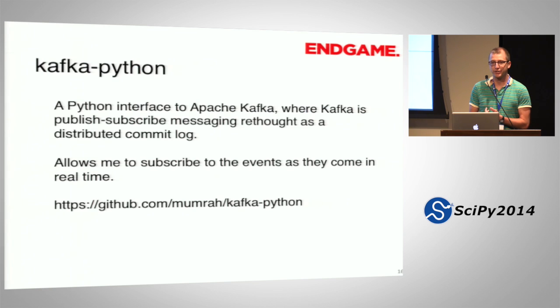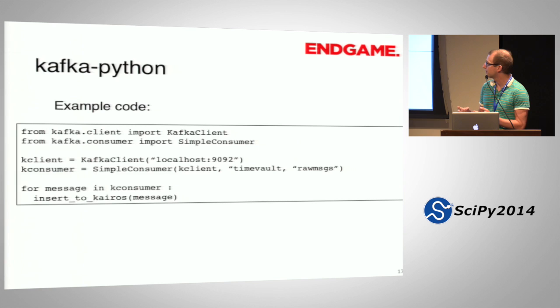After establishing a connection to the head Kafka node, then we can just define our consumer. We specify the name. My project is called Time Vault, and the type of messages that I'm interested in, and then I can just simply loop through them. And this Kafka Python project and Kafka itself takes care of all the details.